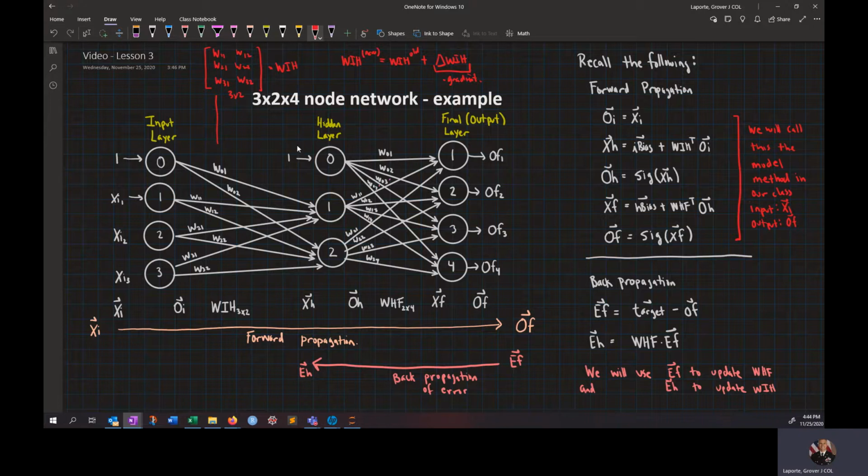Not only for WIH, but also for the I bias vector. The I bias vector is equal to, in this case, just W01 and W02. The thing is, the stuff that we derive today will work for any size system, right? So in other words, later on we're going to make 280 input nodes, and it's going to work for that too.